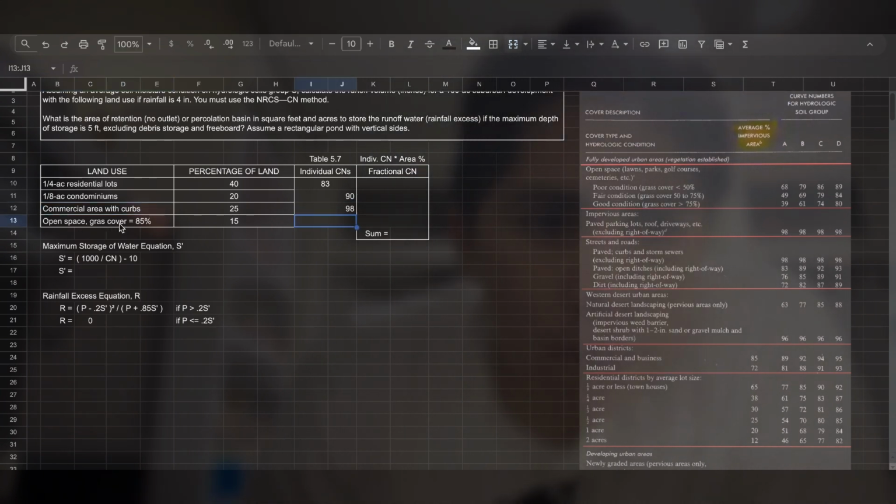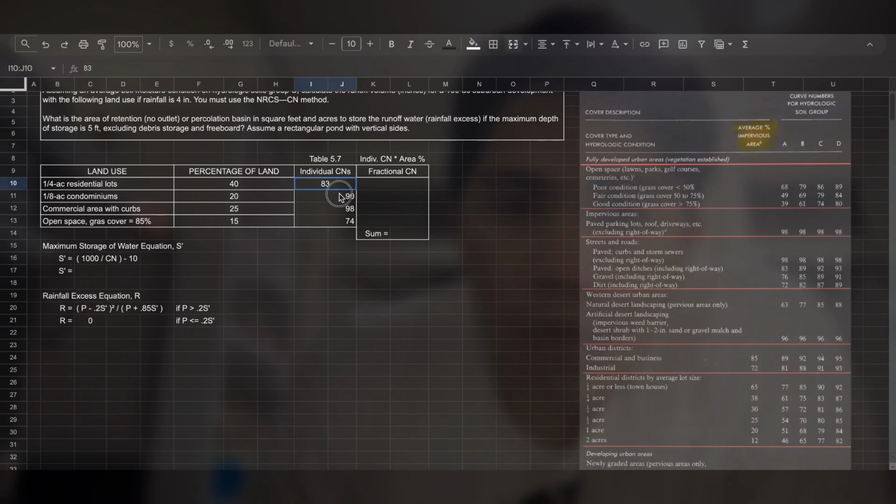And open space, grass cover: there is a section here, open space, and the grass cover is 85%, so it is greater than 75. So for soil type C, you might want to use 74.